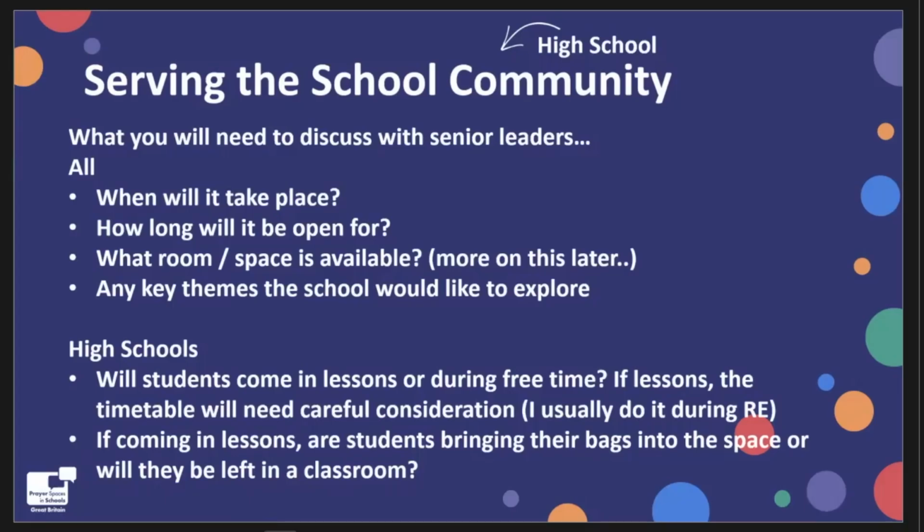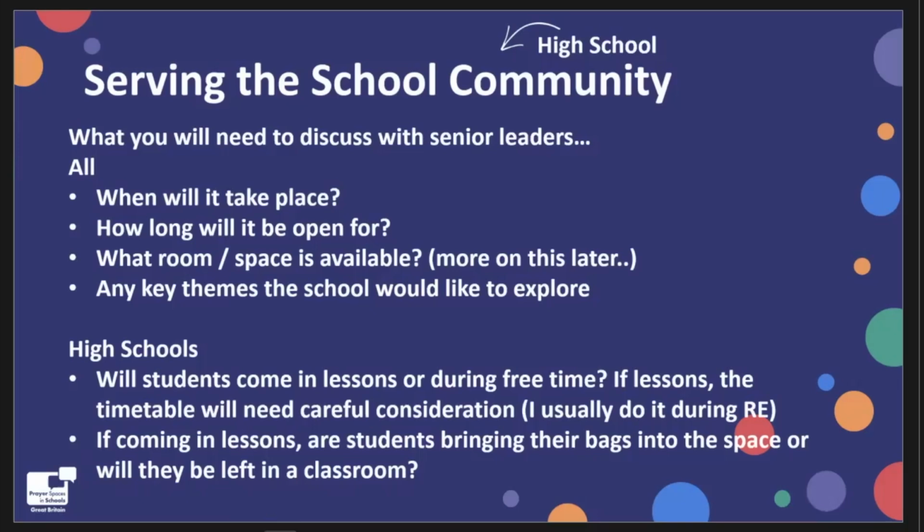Other simple logistical things to think about are that in high schools, a lot of students carry bags and blazers around with them. So you need to agree in advance what you're going to do with those bags. Do they go to their usual classroom, pop their bags down there, and then come to the prayer space?